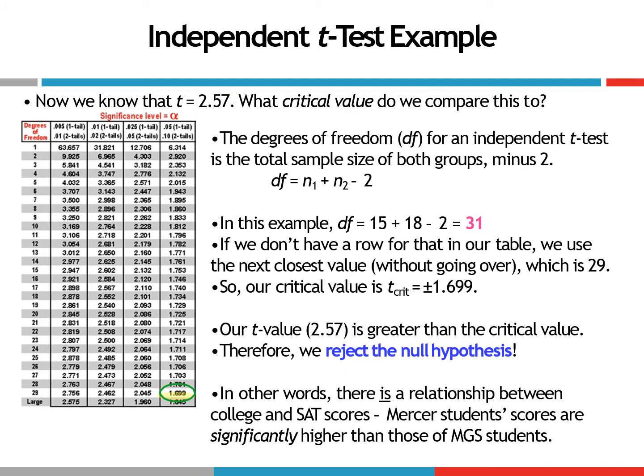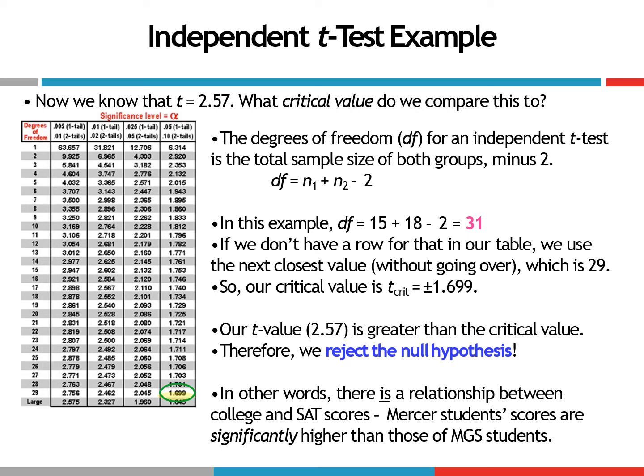Okay, so now we know that our obtained t value is 2.57. What critical value do we compare this to? We're going to use the same t-table that we used for the one-sample t-test.